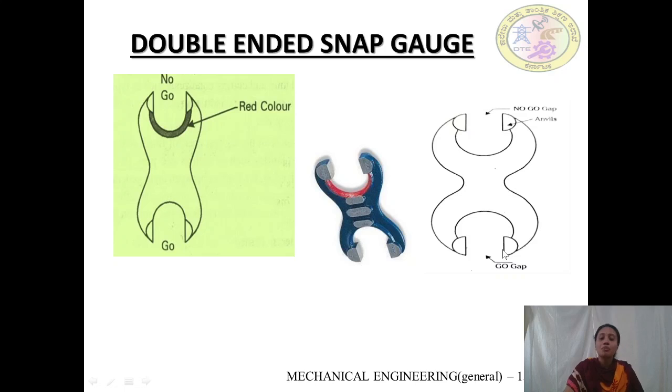The go gap is equal to the upper limit size of the shaft, and the no-go gap is equal to the lower limit size of the shaft. Keep it in mind.